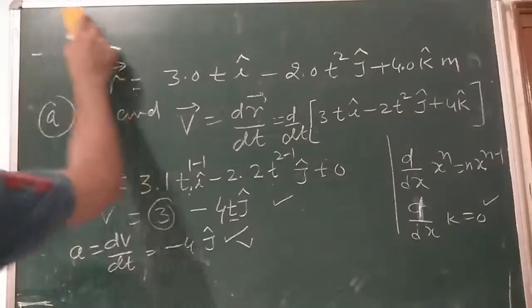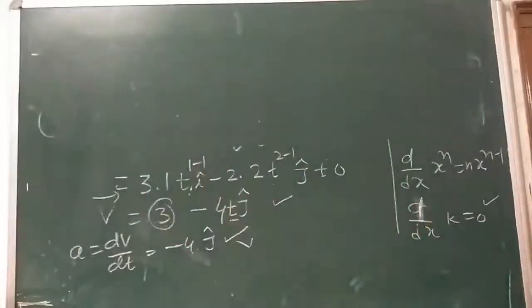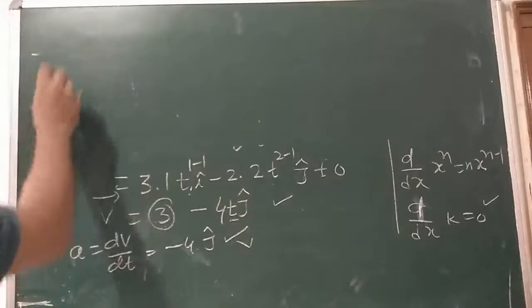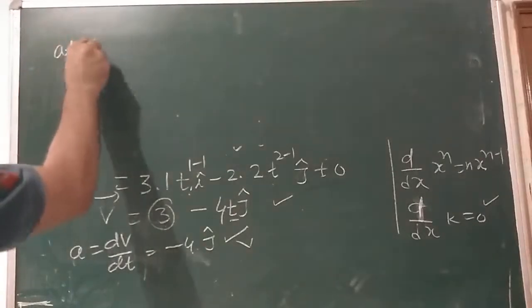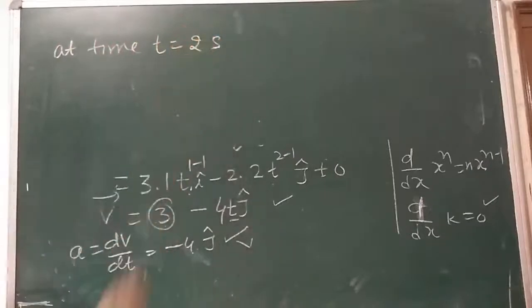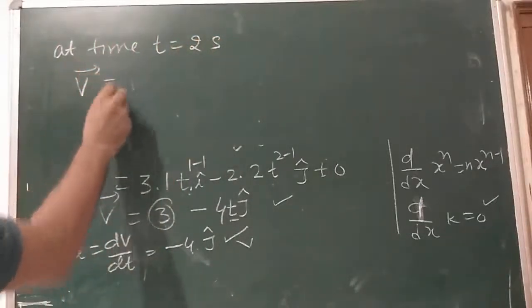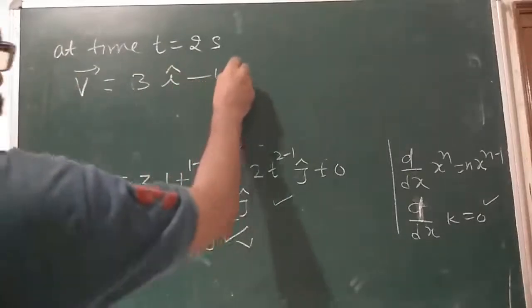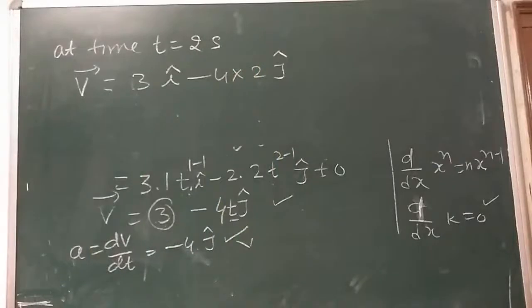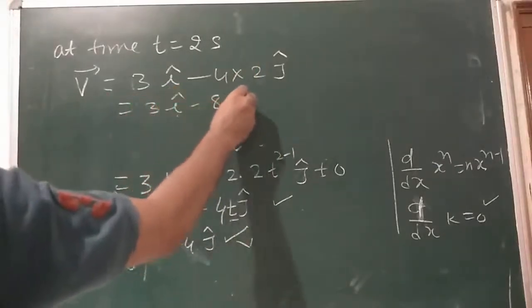At t is equal to 2 seconds, see this, v comes out to be 3 i minus 4 into 2 j. So this is 3 i minus 8 j.